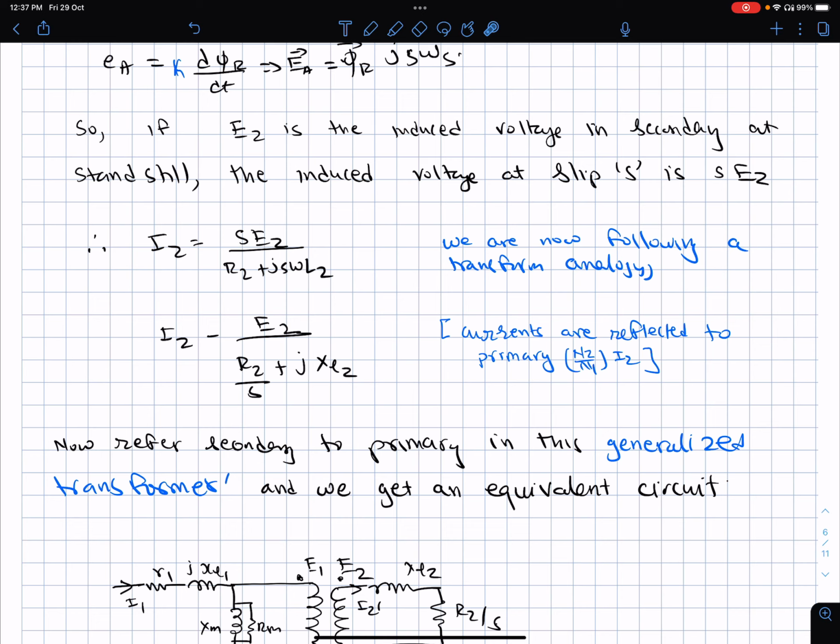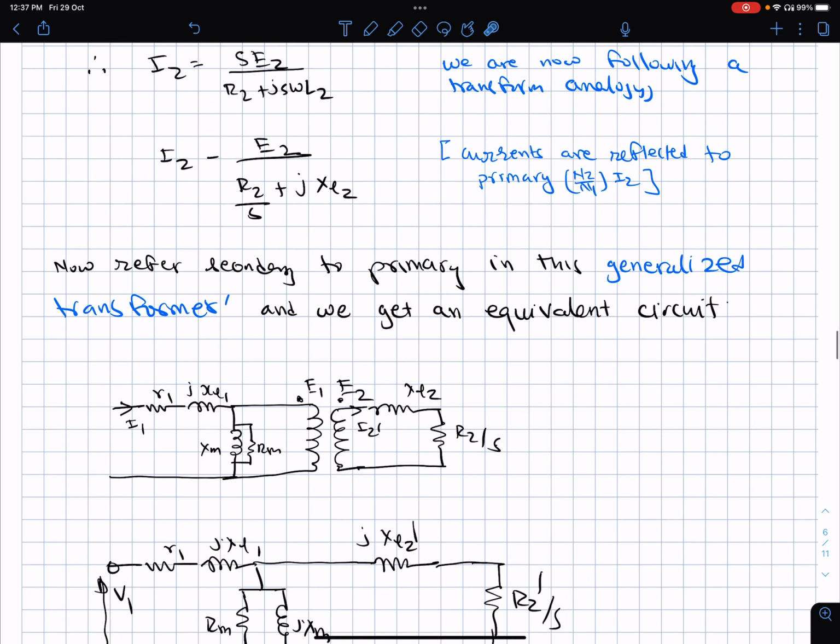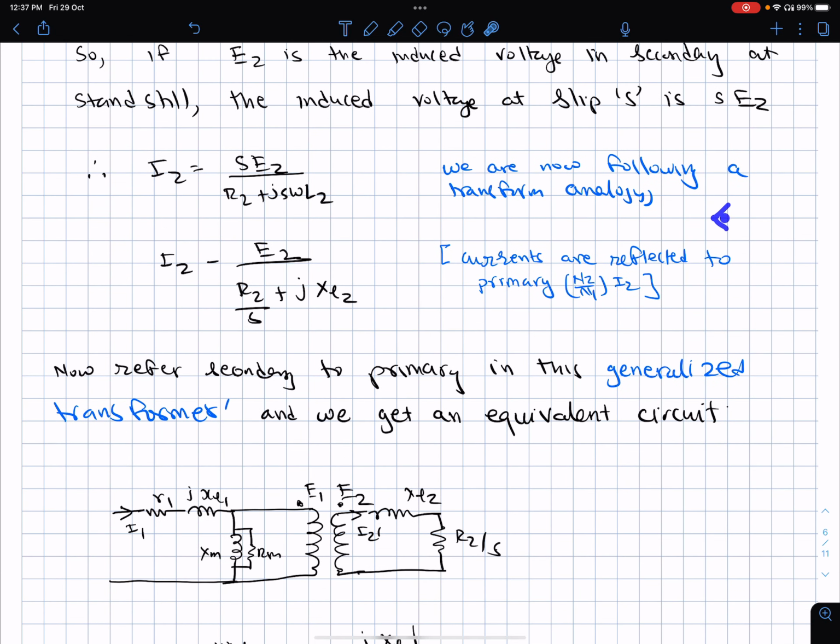So then the reflected currents on the primary will be governed by N1 effective I1 equal to N2 effective I2. So these currents will be superimposed over the magnetizing current. That current can therefore be written as E2 dash divided by R2 dash by S plus jXL2 dash.